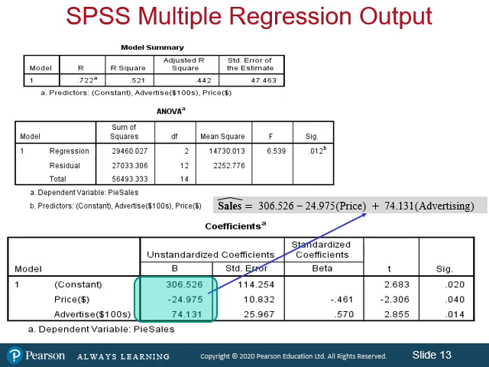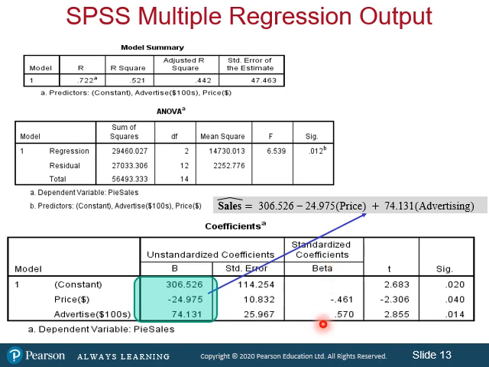This is your beta 1, this is your beta 2, this is x1, this is x2. So the constant value will go here, the price beta will go here, the advertisement beta will go here, x1 is here, x2 is here. So that's how you will write an equation.